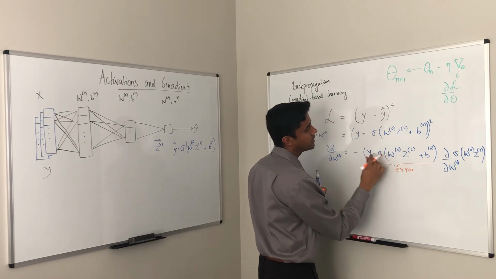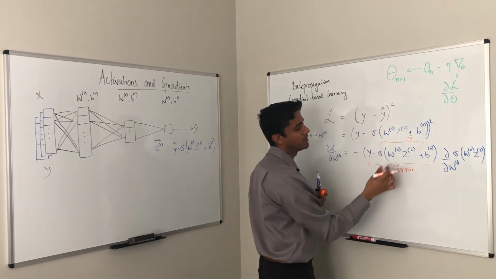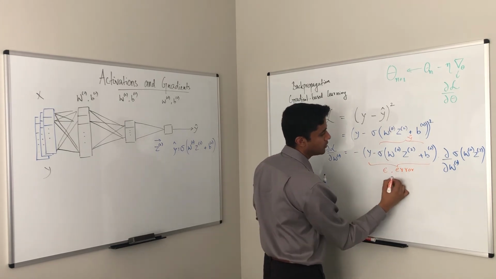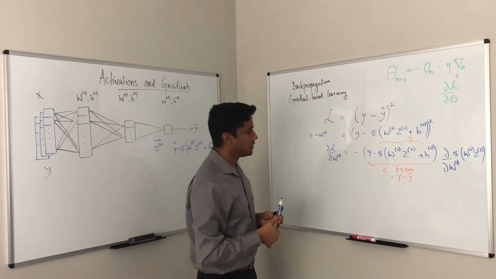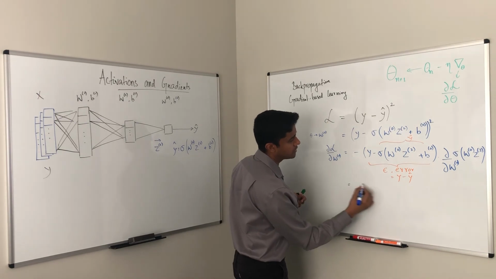You can still see that this is y and this is my y hat, but it is still y minus y hat, which is my error. So epsilon is equal to y minus y hat.